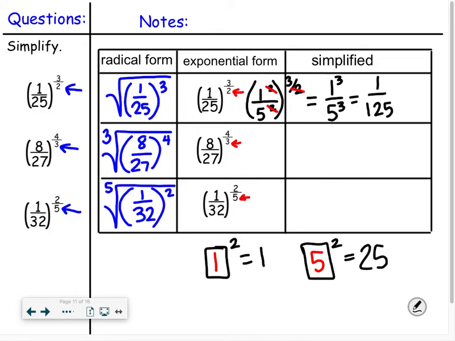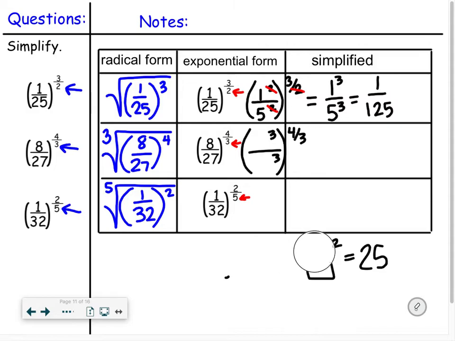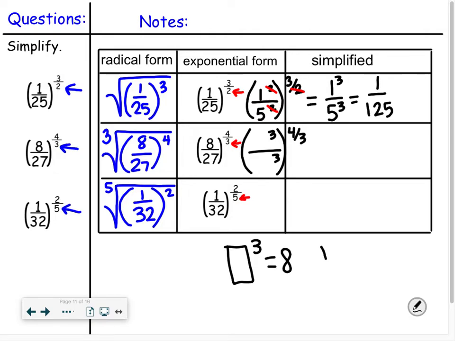All right, the next one. The bottom number is 3. So I'm going to need something to the 3rd power for each of my numbers. So I'm going to go down here and something to the 3rd power that equals 8.